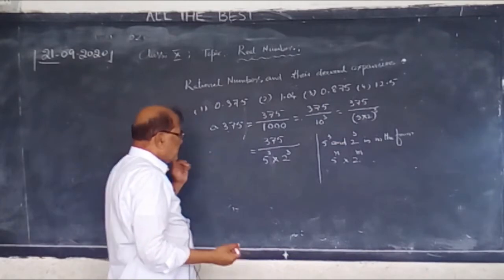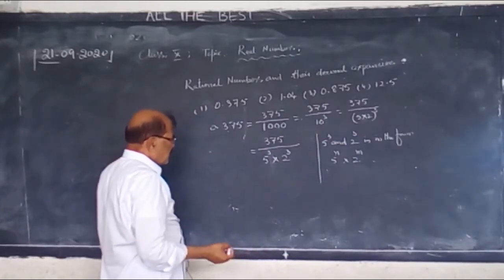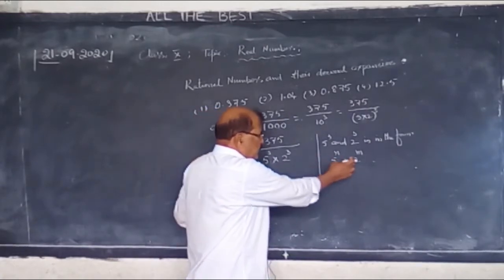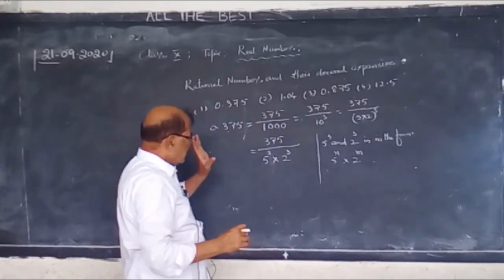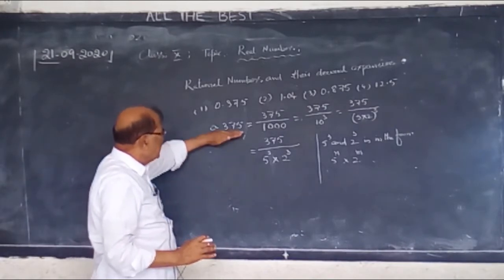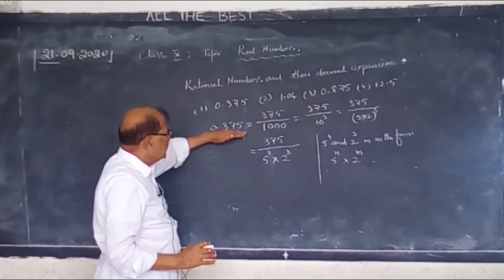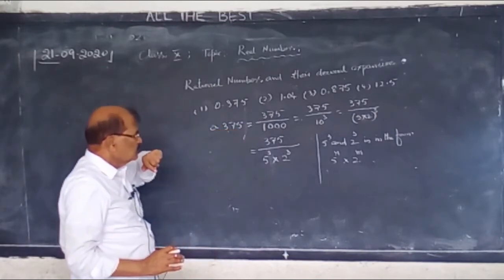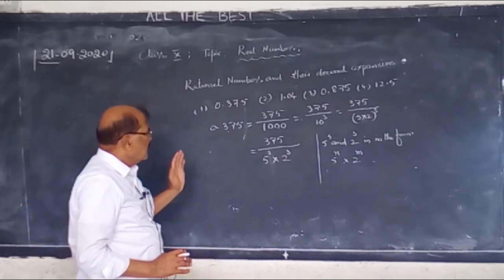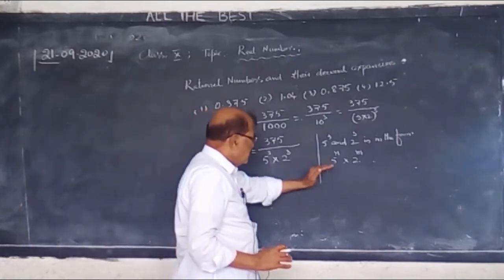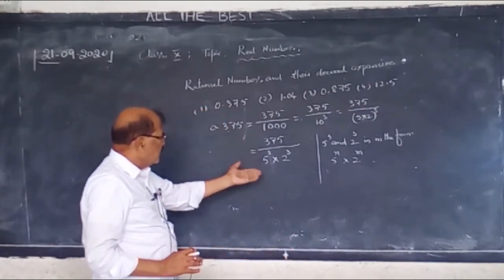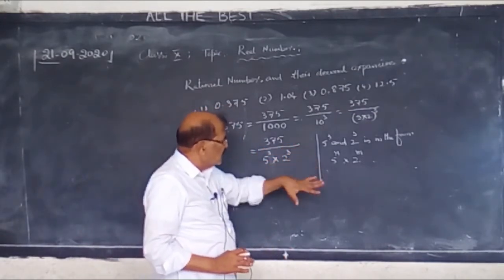So whenever the denominator can be represented in the form of 5 to the power of n into 2 to the power of n, the decimal number that we get is a terminating decimal. I think you might have understood very clearly. Suppose it is very clear, so you are getting it directly. Sometimes this is a different form.